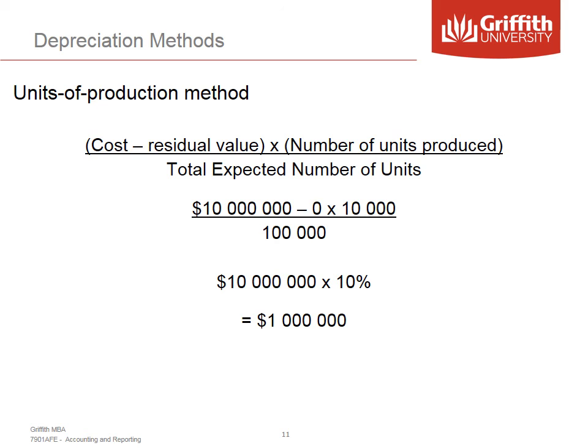So $10 million, its residual value of 0, and the formula then says how many units did we produce in this period of time, divided by the total number of units of production over its useful life. And so there's the 10% that you and I just calculated, and the depreciation expense for that year will then be $1 million.